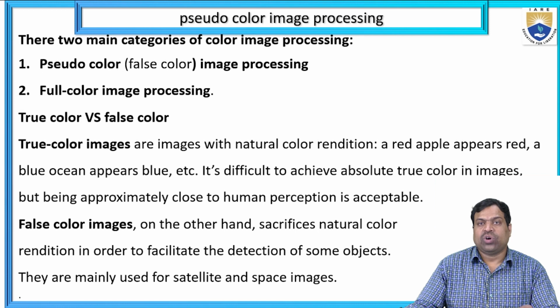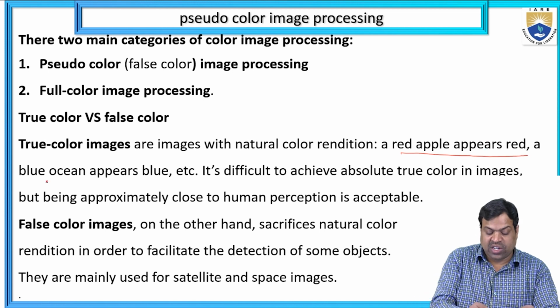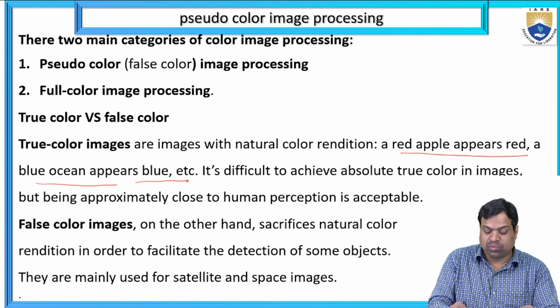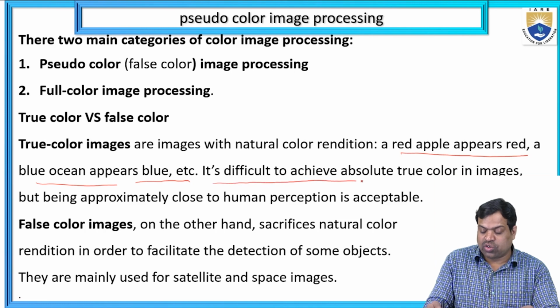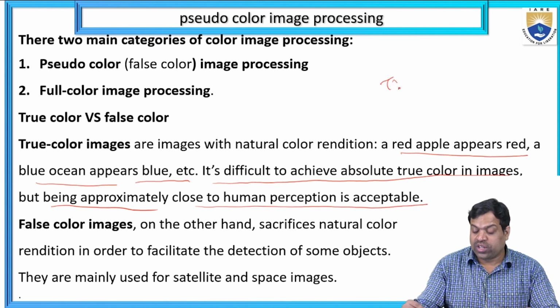True color means full color, or images with natural color retention. Suppose I take one example: a red apple appears as red, a blue ocean appears as blue, etc. It's difficult to achieve absolute true color in an image, but being approximately close to human perception is substantial.